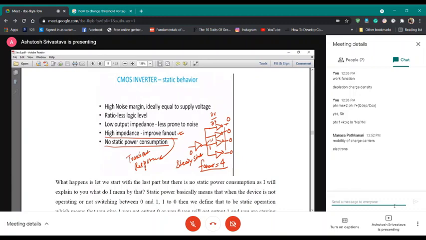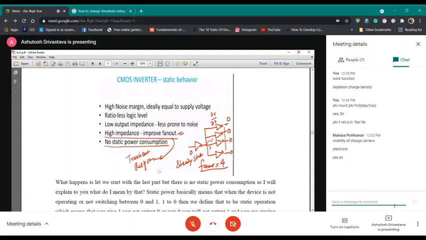Electrons. Is there some problem with the speaker? Mansa? Since electrons are much faster than holes.